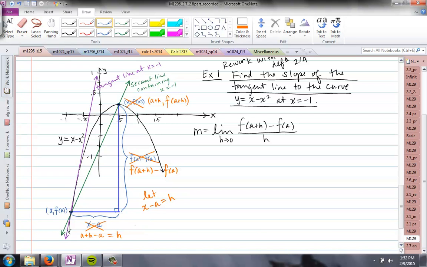And again, if this point were to the left, it would be a negative h. Alright, well, then the change in y, or the height of the right triangle here that's in blue, would be, instead of f of x minus f of a, f of a plus h minus f of a. So we're just redefining this little slope formula here.